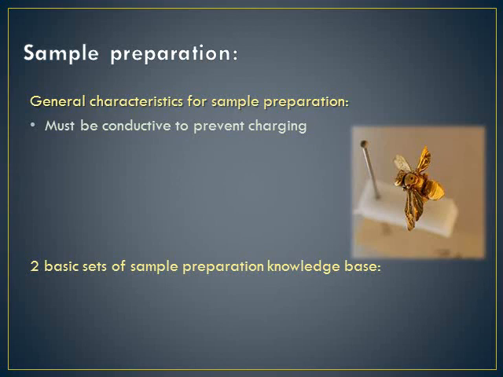Hard dry materials such as wood, bone, feathers, dried insects, or shells can be examined with little further treatment, but living cells and tissues and whole soft-bodied organisms usually require chemical fixation to preserve and stabilize their structure.